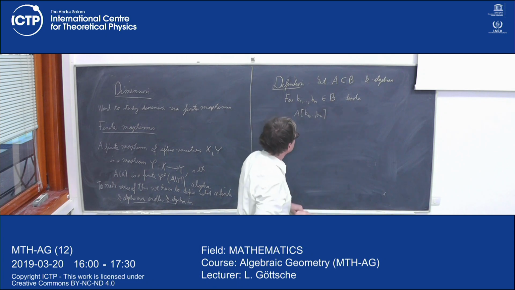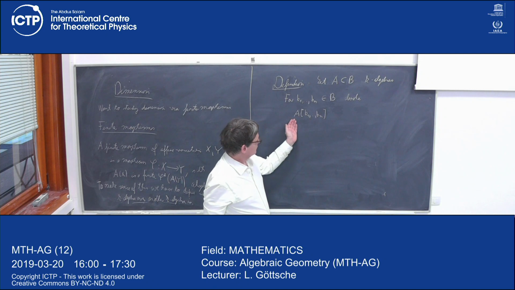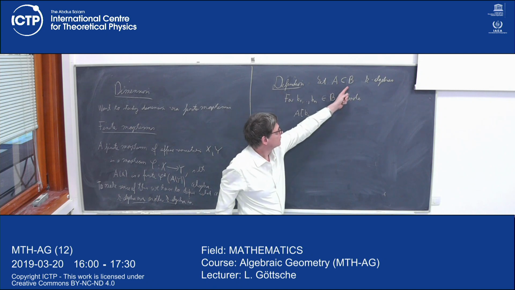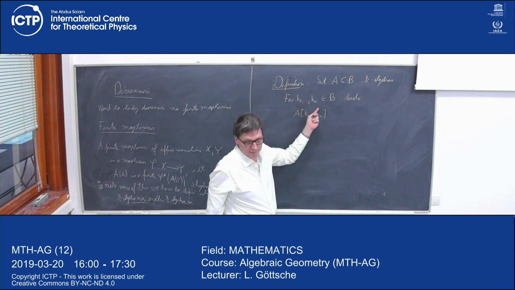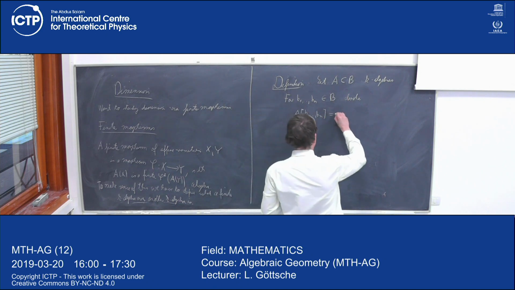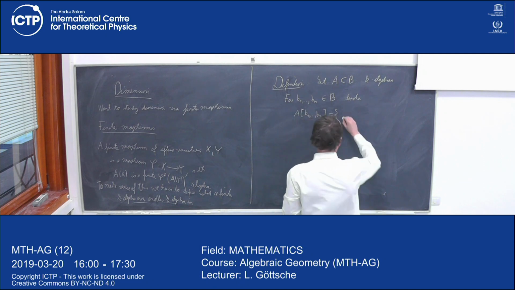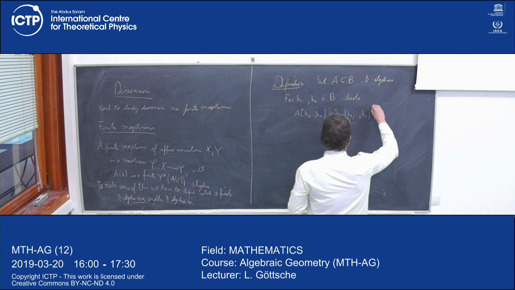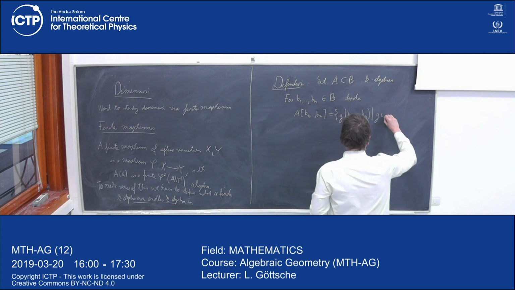So this would be just the biggest kind of sub-algebra of B which contains B1 to Bn. So this is the set of all g of B1 to Bn, where g is a polynomial.